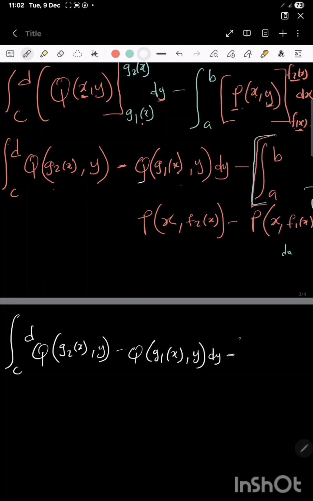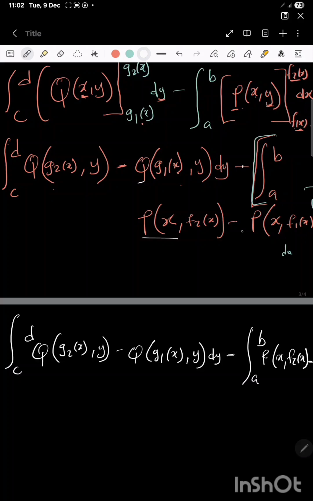So we are going to have the integral from a to b, and then you write this function, which is P of x comma f2 of x. Then minus.